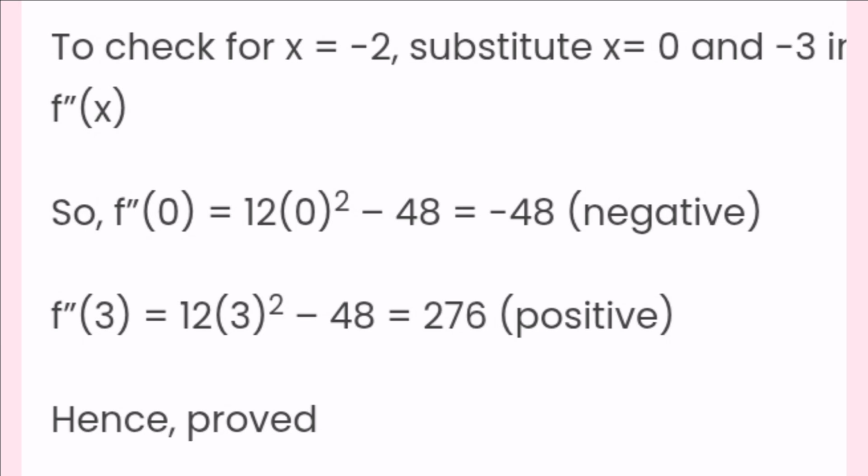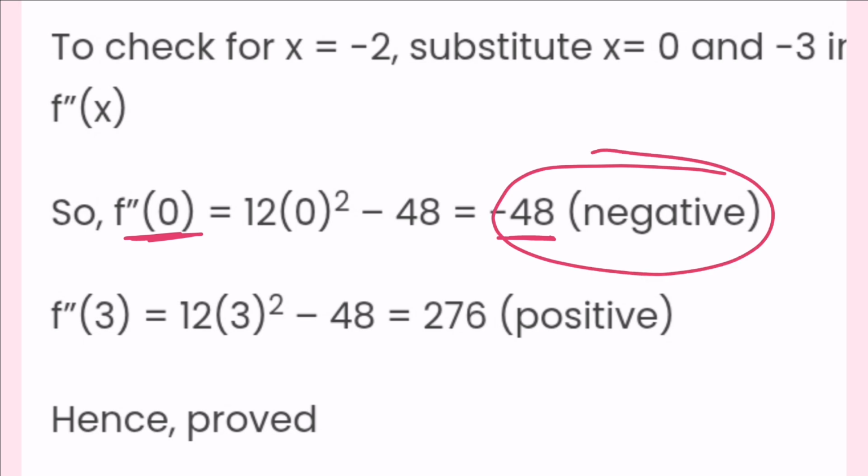So the second derivative at point 0 is equal to minus 48, which is negative, and the second derivative at point minus 3 is 276, which is positive. So again x equal to minus 2 is the inflection point.